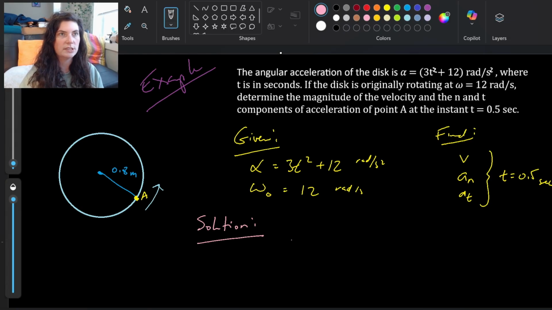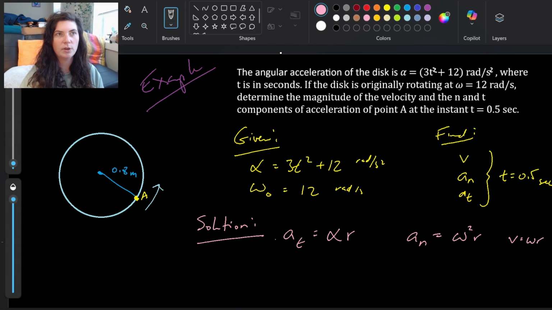We know, for example, that our tangential acceleration is going to be alpha times r, our normal acceleration is omega squared times r, and our velocity is omega times r. So we can use any combination of these to see where we can get going in solving for our accelerations and velocities.